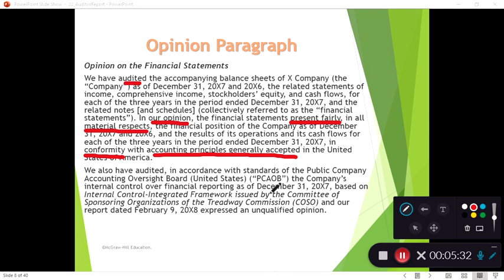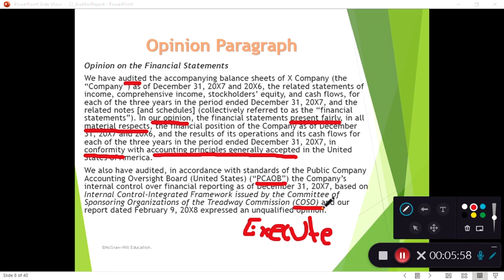Okay, this is the criteria that they're judged against, and then if you remember back from that one slide we had, that was the general assurance slide, the PCAOB, this second paragraph is basically saying how did they execute the engagement, right? So we execute based on the standards in the PCAOB.